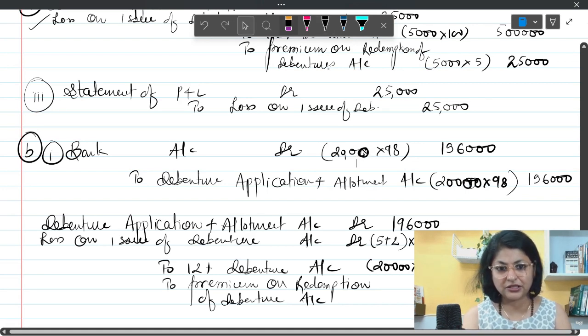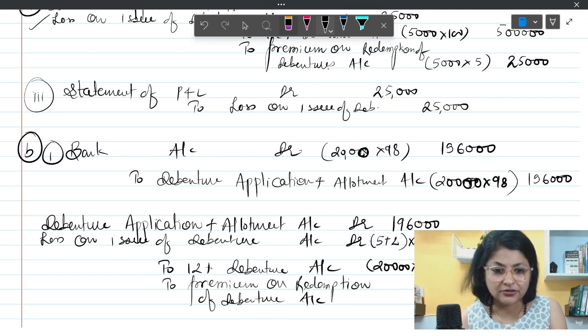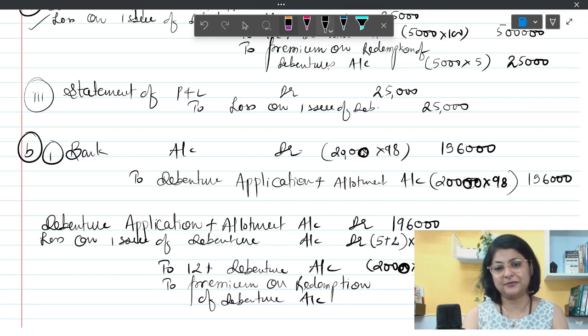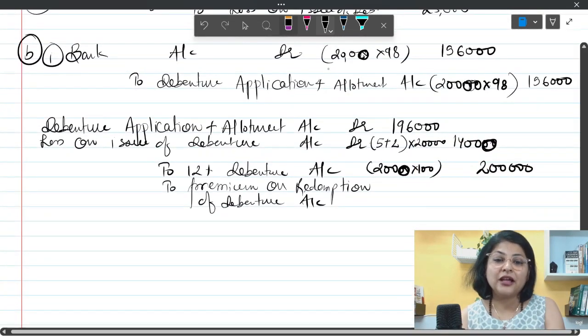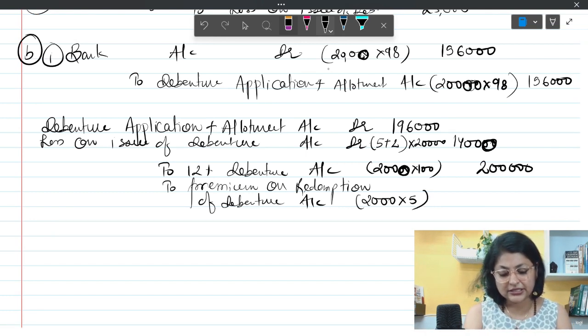It is 2000 multiplied by 98, 1,96,000. Here 2000 multiplied by 7 is 14,000, not 1,40,000. And here also these are 2000 debentures. Please make this correction. Now here 5 rupees is the loss on premium on redemption of debenture, so this is going to be 10,000 rupees.